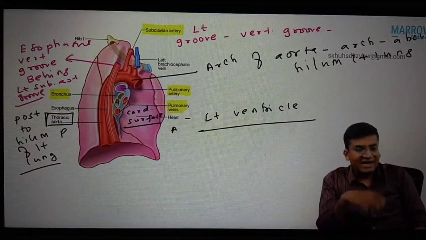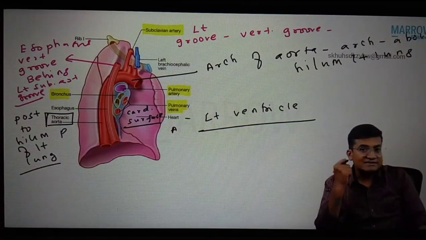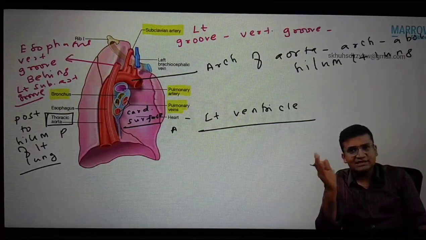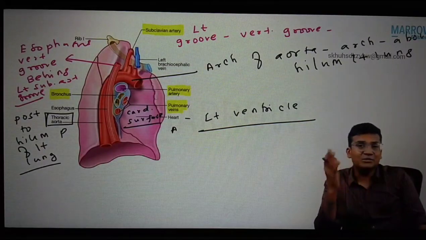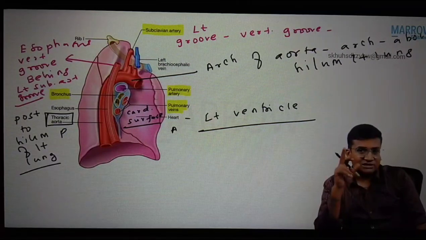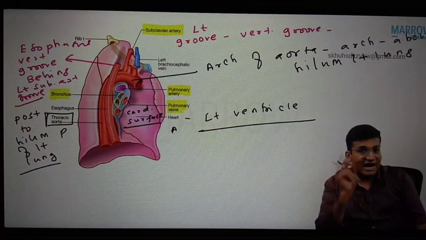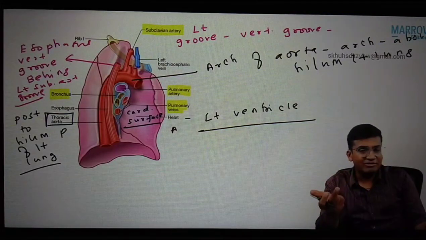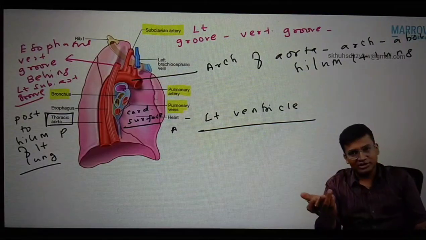Again, behind the hilum, we are not seeing the impression for esophagus. Why, sir? Now, esophagus is related to right lung behind the hilum of lung. Okay, esophageal impression you see behind the hilum of right lung. Behind the hilum of left lung, we have impression for descending thoracic aorta.